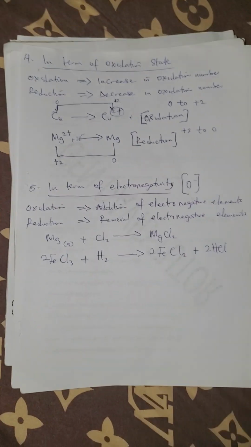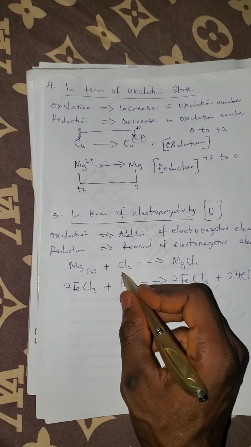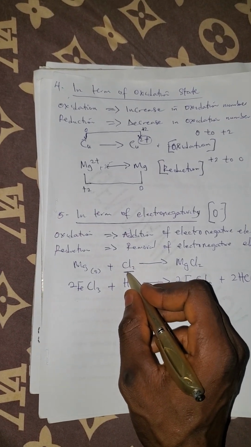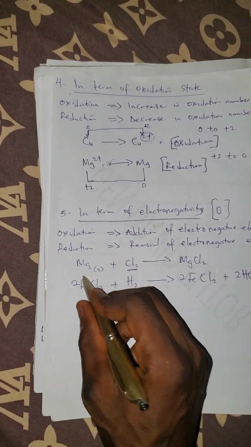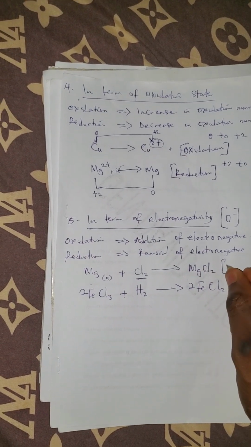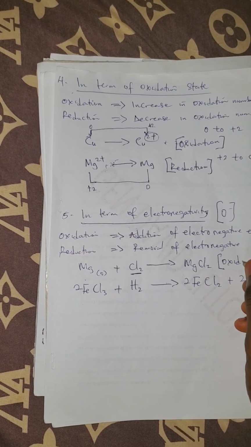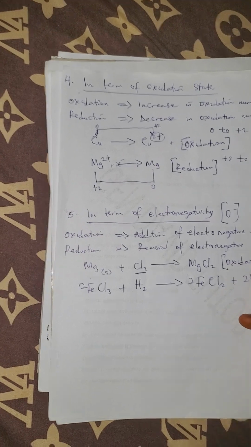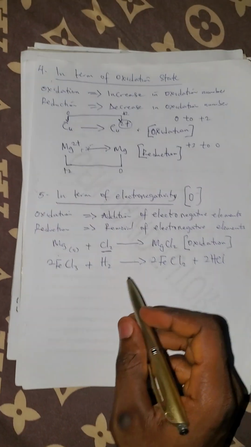Now, see this very well. You observe that there is addition of this electronegative element to this to give us this. Then, if there is addition of this, we can call it oxidation. And why is this reduction?